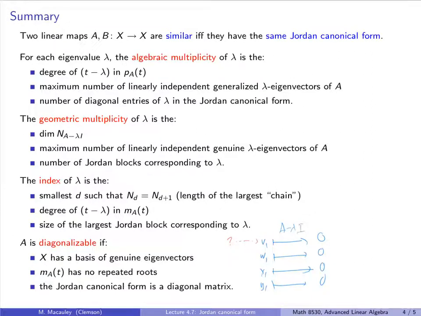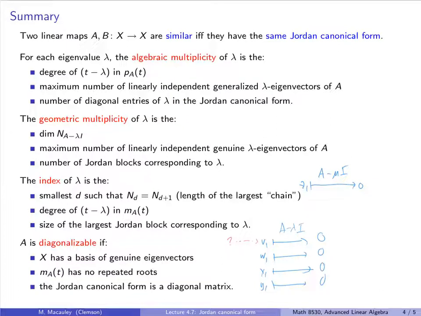Now this is the picture for lambda, but you might have other eigenvalues. So you might have A minus mu I maps some z1 to 0 and so forth. But if for every eigenvalue each of these chains has length 1, then we don't need any repeated roots.